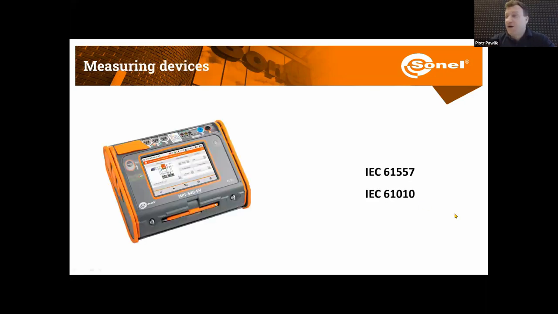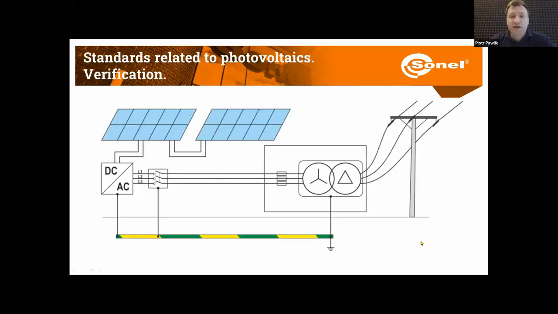Okay, so these are the standards behind the measurements. Now, as we look at our devices, they need to comply with safety standard IEC 61010, and the 61557 defines the accuracy. Okay, so now let's look at the different types of tests that the standards are defining.